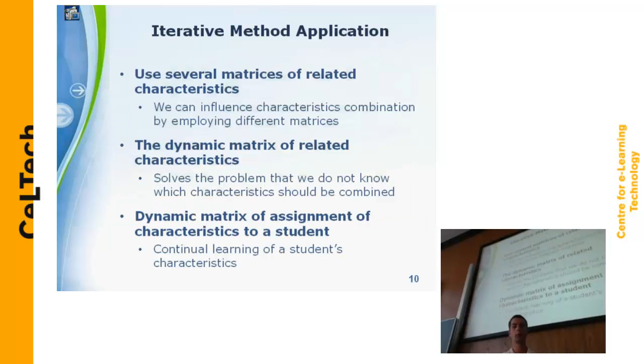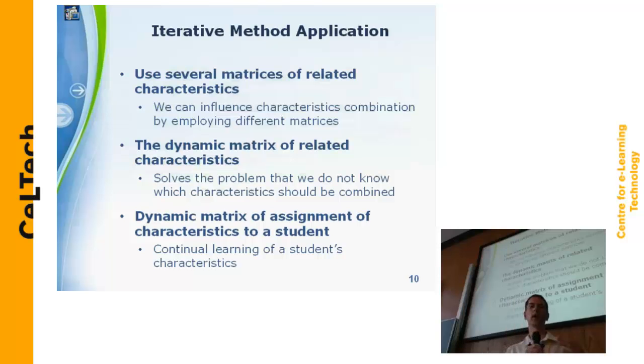We apply our method iteratively. It means that we are able to use some additional features. For example, we can use several matrices of related characteristics. It means that we can dynamically change the characteristics which are combined together during the experiment, for example. Also, it's possible to dynamically update input matrices during the group formation process.